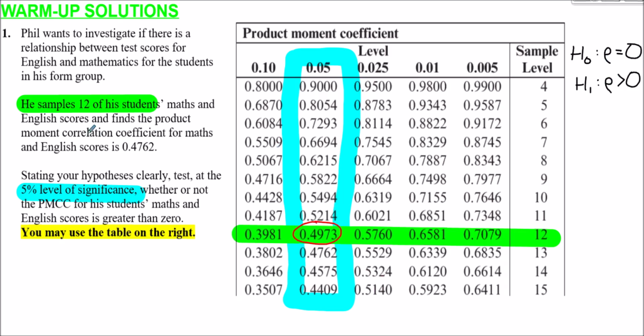Now, observed, he's got a PMCC of 0.4762. That is less than 0.4973. So because 0.4762 is less than 0.4973, what we say here is that therefore we accept H0.